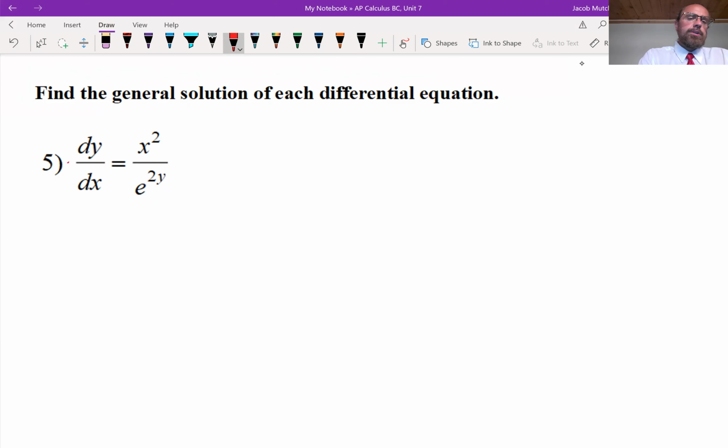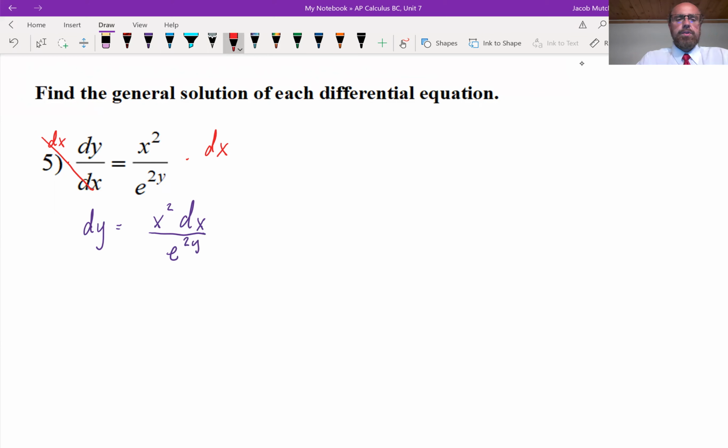A good place to start is to multiply the left by dx. It'll cancel there. I'll multiply the right side by dx. So the next step I've got is dy equals x squared dx, all divided by e to the power of 2y.